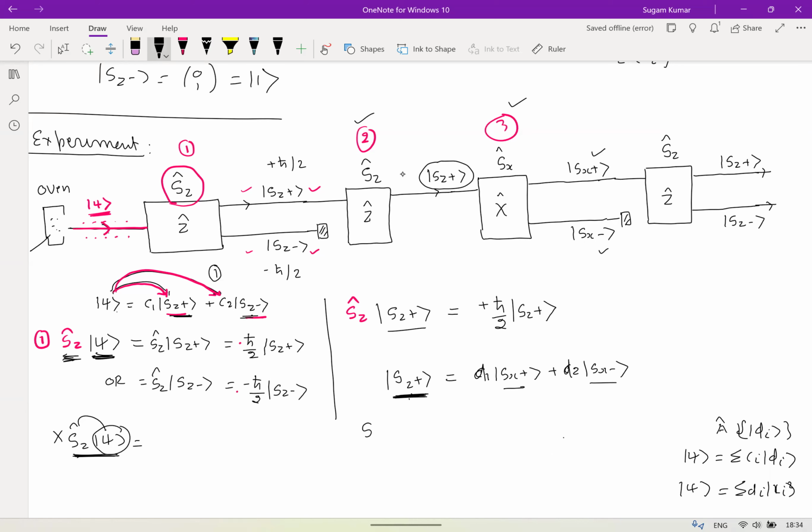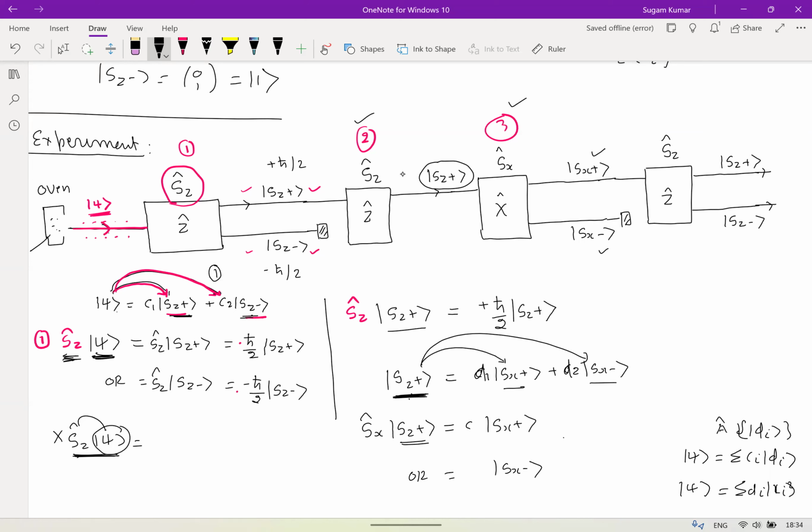And then you can apply the Sx on this Sz plus. And what will happen? This state is going to collapse either into this state or into this state. So once you go into the measurement, the wave function is going to collapse. So you will get either Sx plus or Sx negative.